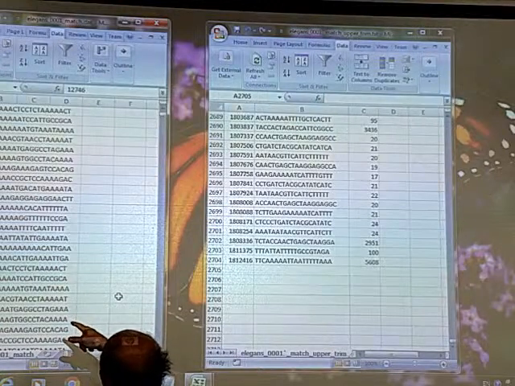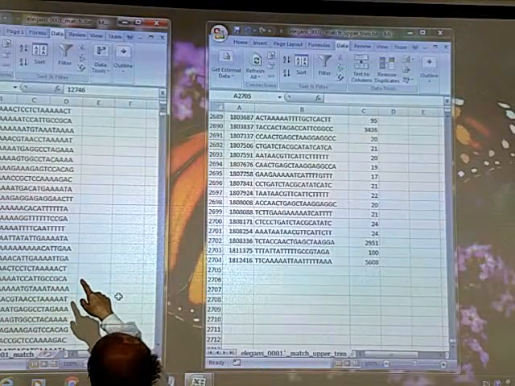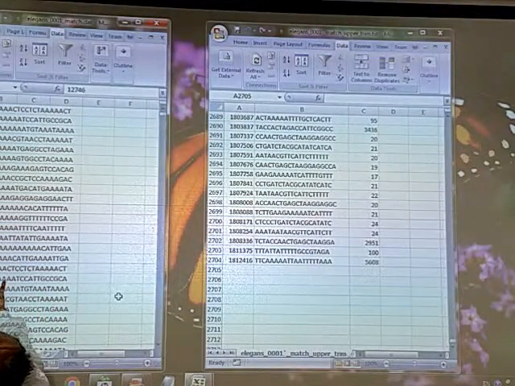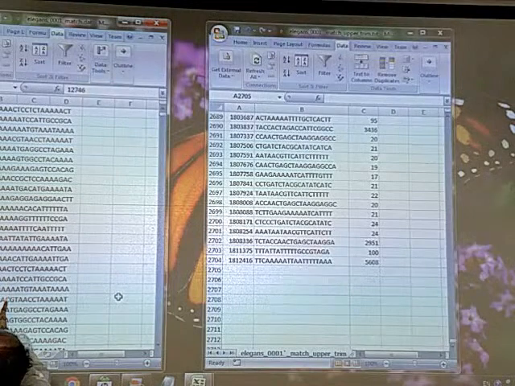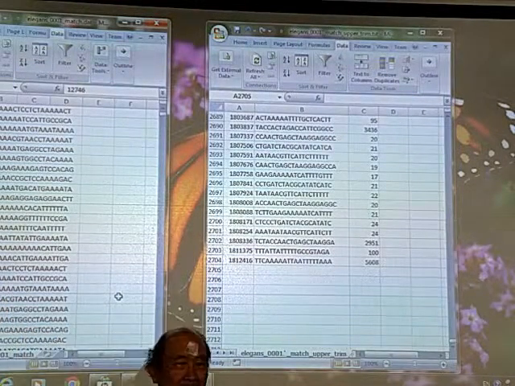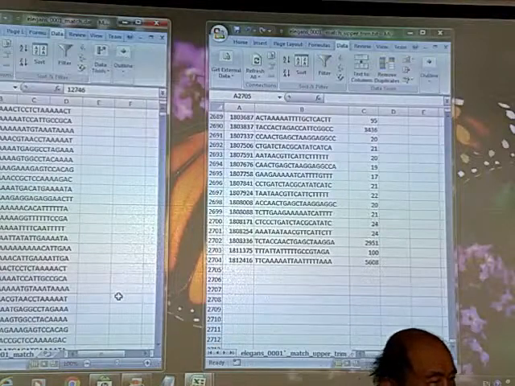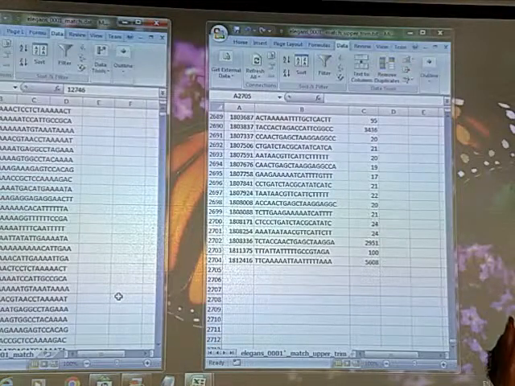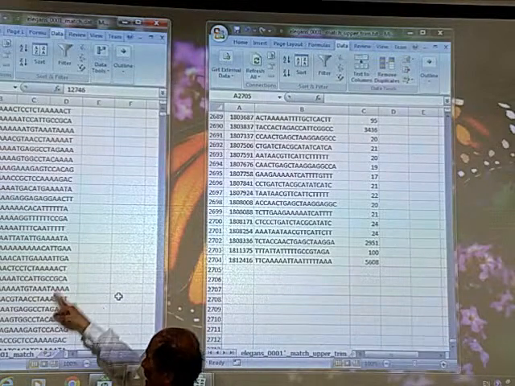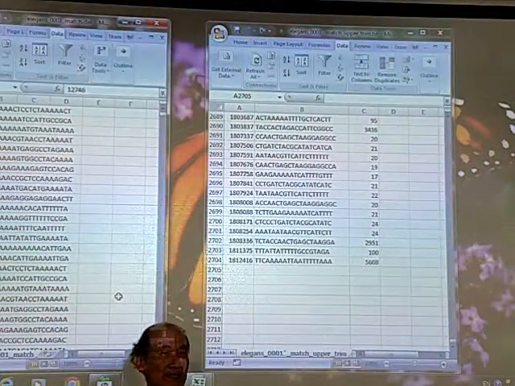Okay, and when you search it, see the first 6 bases. All these patterns are on the same thread.